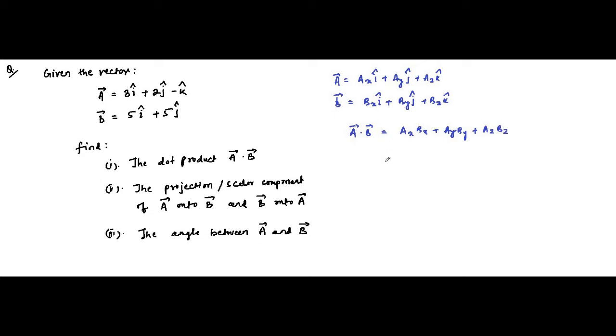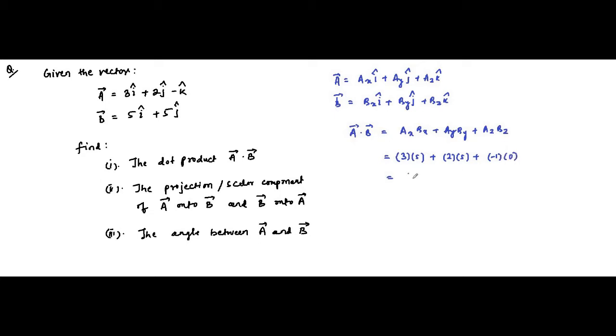So here correspondingly, if we notice a vector and b vector, 3, 2 and minus 1, they are ax, ay and az respectively. 5, 5, 0, they are bx, by and bz respectively. So here it will be 3 into 5 plus 2 into 5 plus minus 1 into 0.